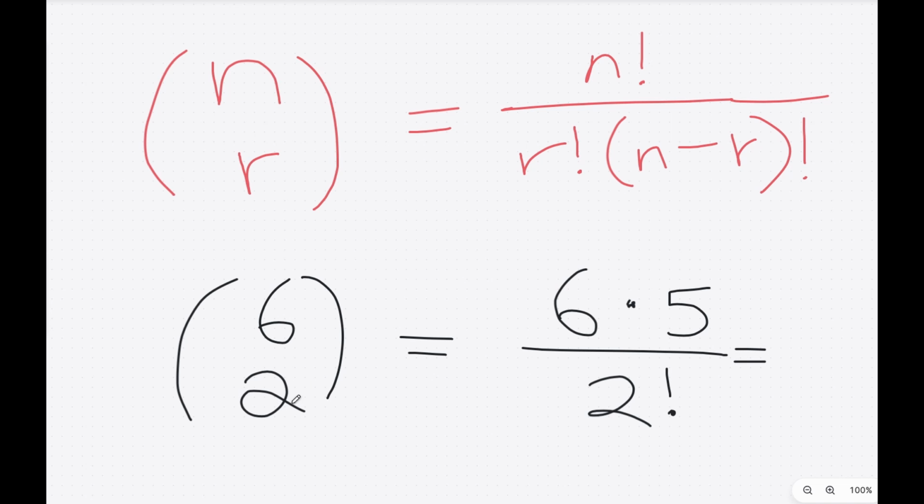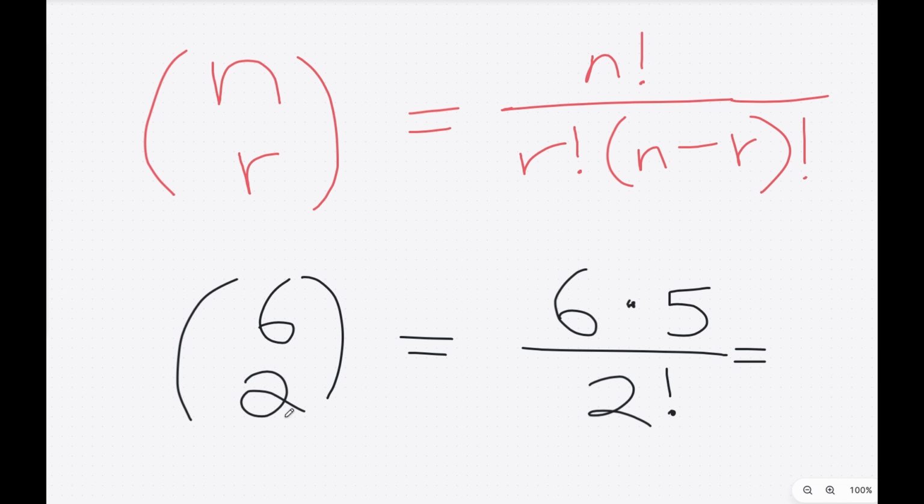If the bottom number was anything other than 2, for example 6 choose 3, we would take the first 3 factors from 6 factorial, so that would be 6, 5, and 4. And if it was 4, we would take the first 4 factors, so that would be 6, 5, 4, and 3.